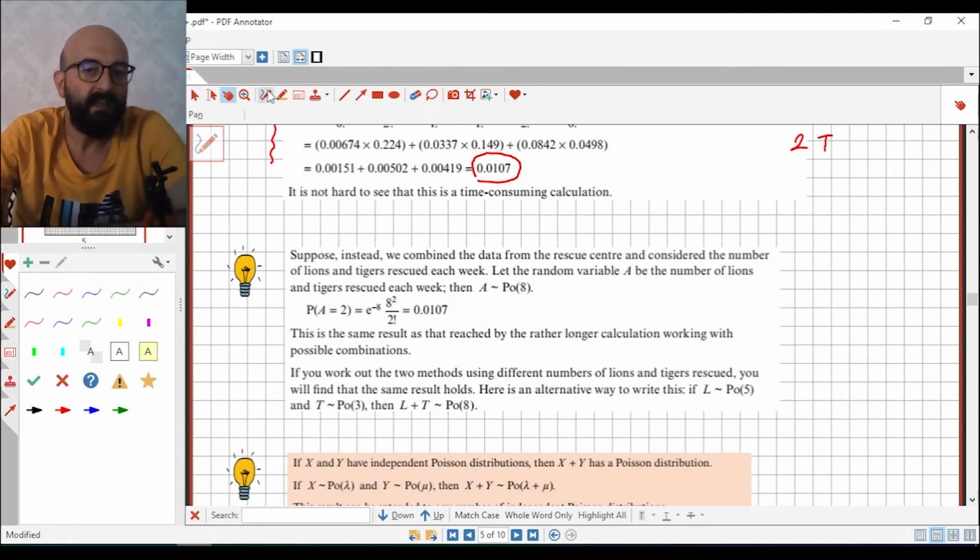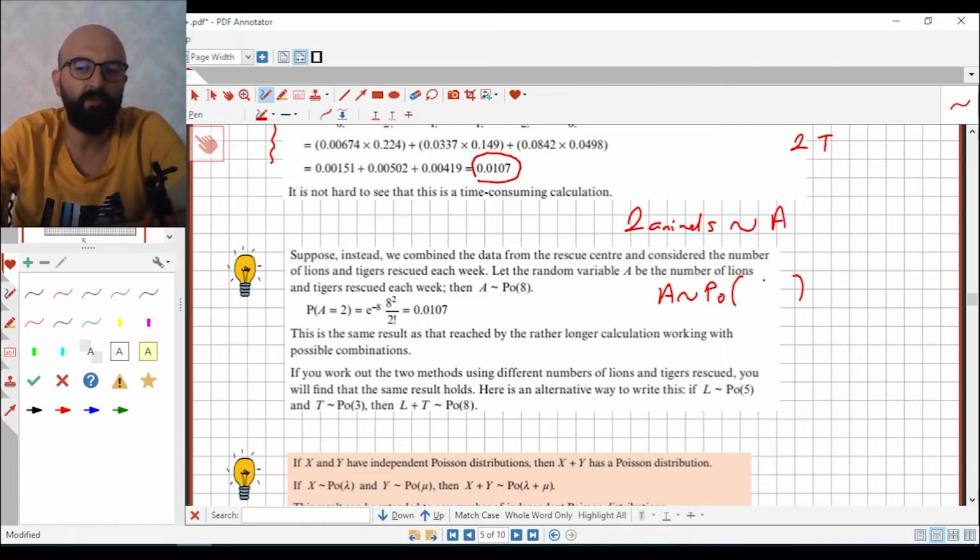For example, we rescued 2 animals, tigers and lions together. For these 2 animals we can give a name, for example A, and for A in the Poisson distribution we want to find the expected value, or lambda.